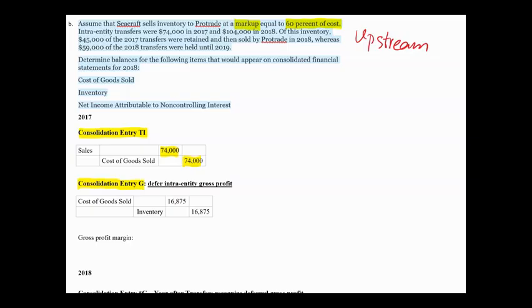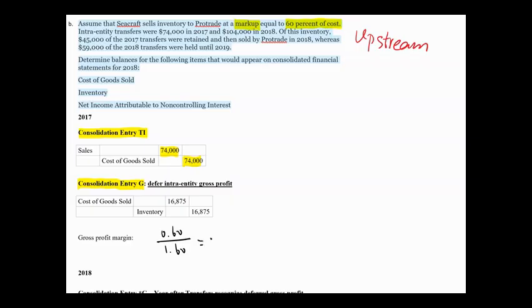Since Seacraft is selling its inventory to ProTrade at a markup equal to 60% of cost, assume that there's a $1 inventory sold to the parent, the profit will be 60 cents, and total sales will be $1.60, because Seacraft is selling $1 inventory to ProTrade at $1.60, so that Seacraft can earn 60% as profit.